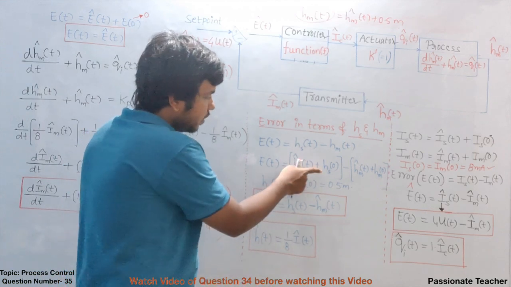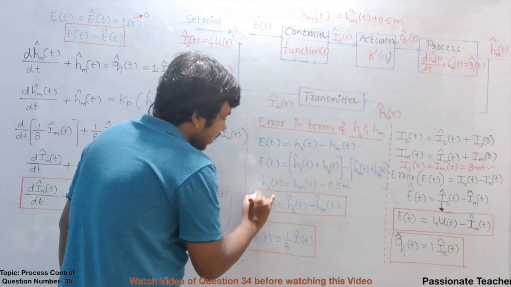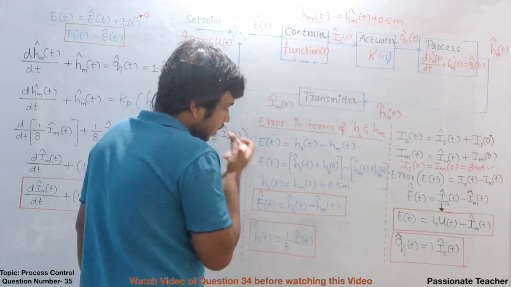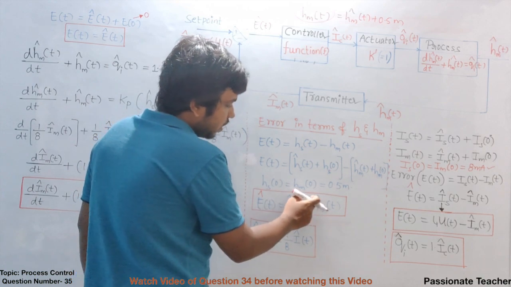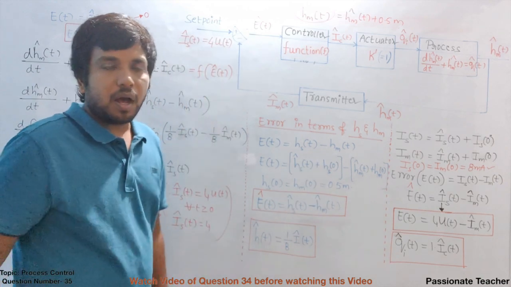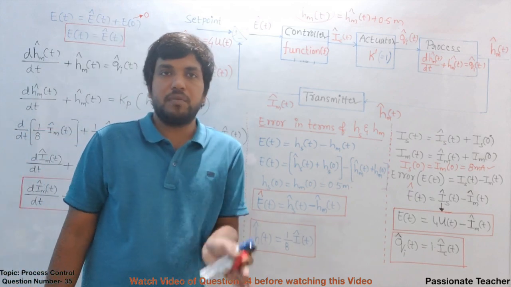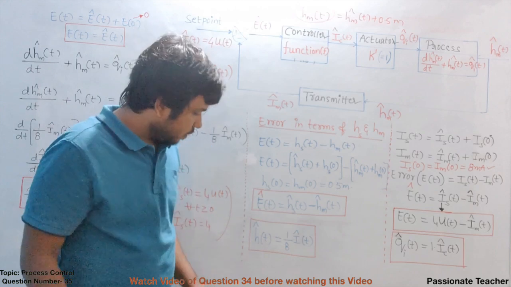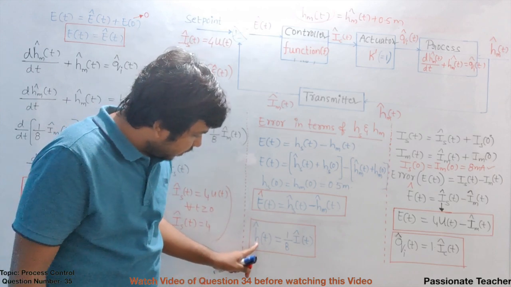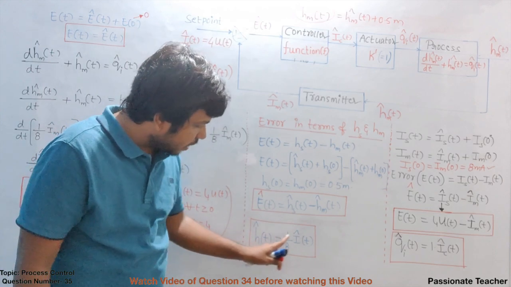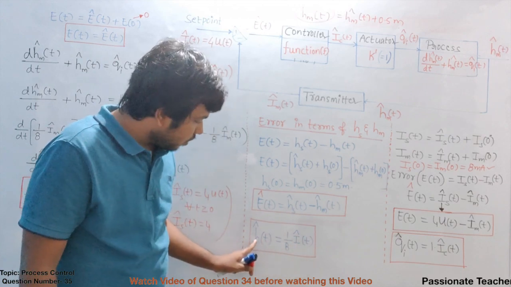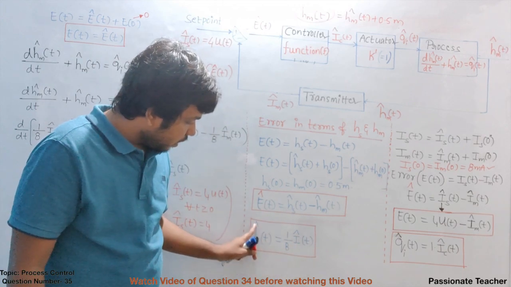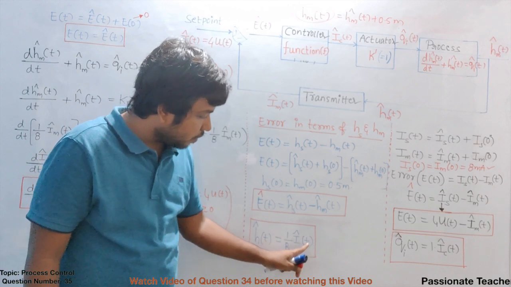Now if you substitute these values here, this becomes E cap of t is equal to HS cap of t minus HM cap of t. Clear? And I also explained in the previous video that the relation between the deviation of the water level and the deviation of the current is H cap of t equals 1 by 8 I cap of t.